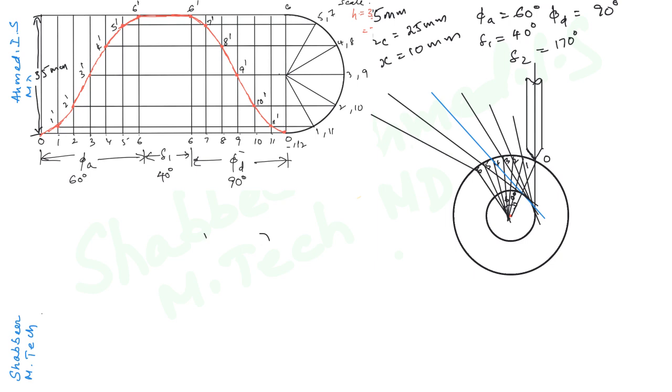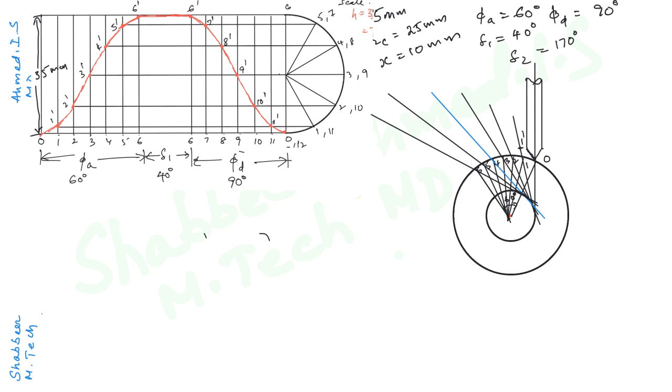Then from point 6 you draw another line which is again tangent to the offset circle but passing through the point 6. Now transfer this distance 1 1 dash on this line from 1, and you mark 1 dash such that this length 1 1 dash is equal to 1 1 dash here. So we have the point 1 dash here. So this is point 1 dash.